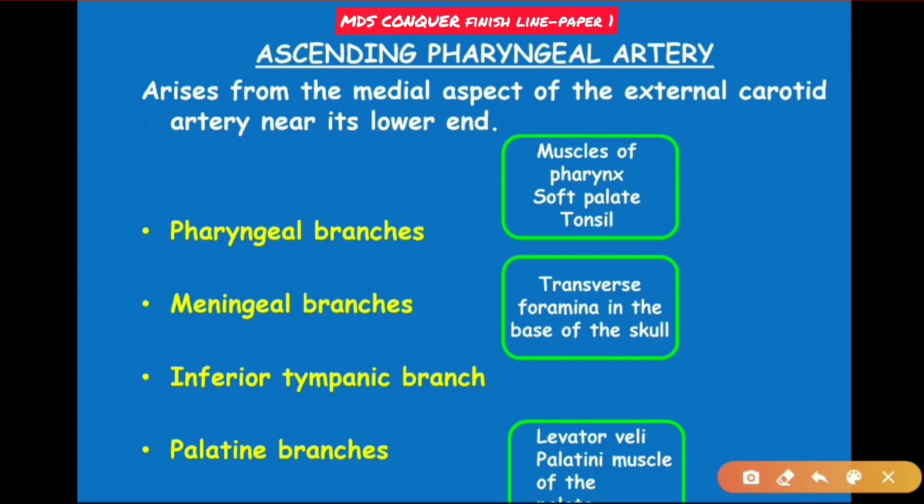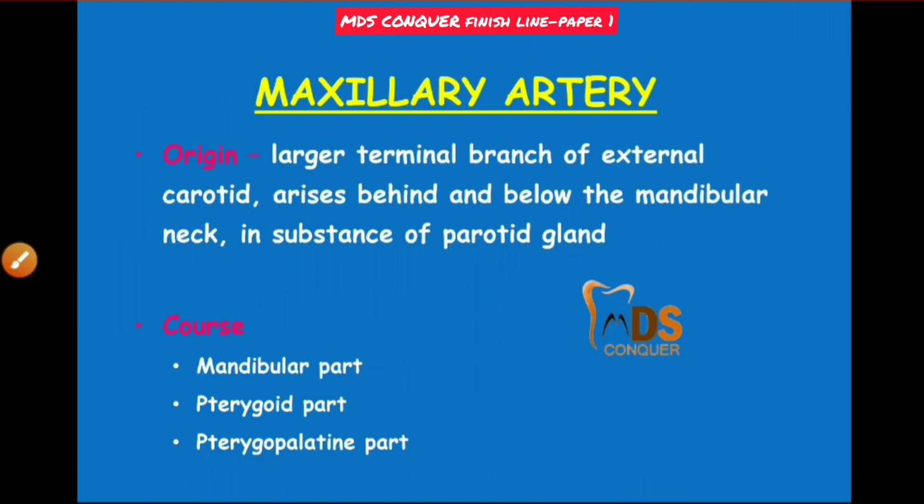Then coming to the ascending pharyngeal artery, this has pharyngeal branches, laryngeal branches, inferior tympanic branch and palatine branches. The name itself tells: pharyngeal to the pharynx and soft palate, laryngeal to the foramina and base of the skull, and palatine to the levator palatini muscle of the palate.